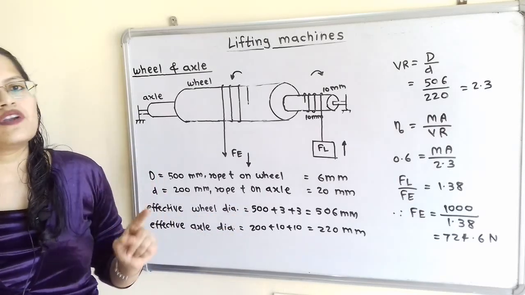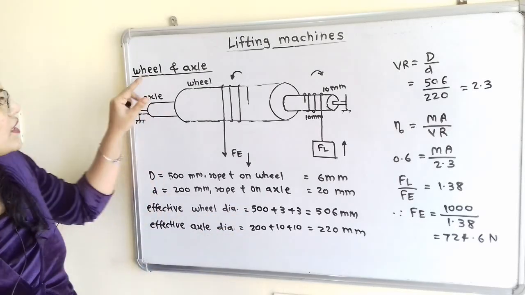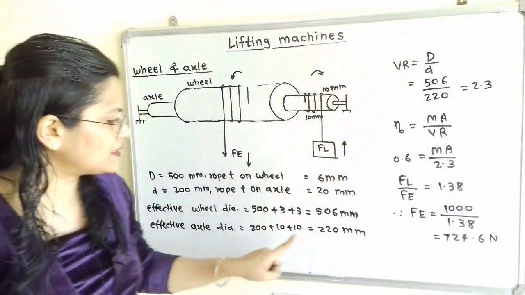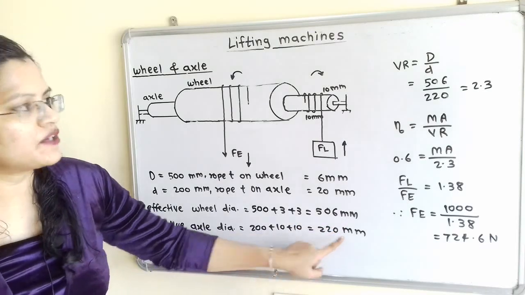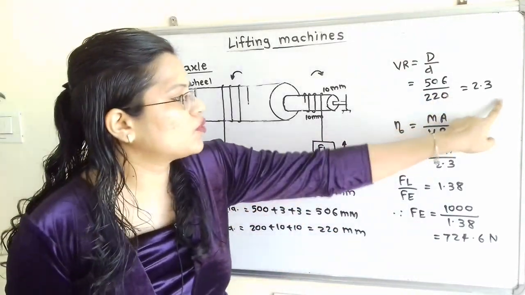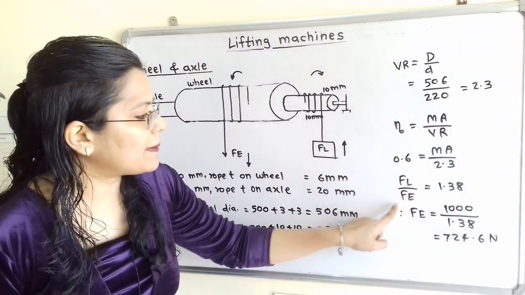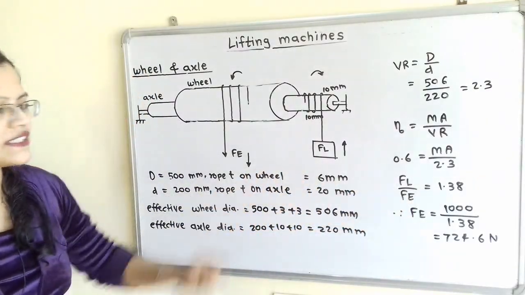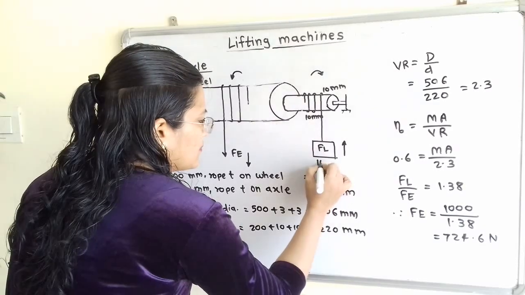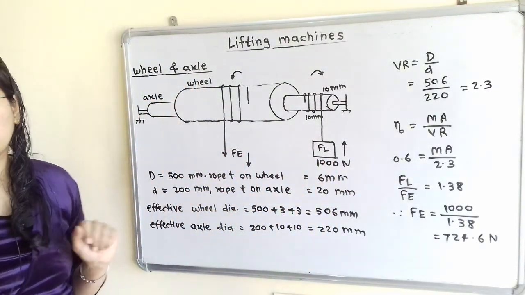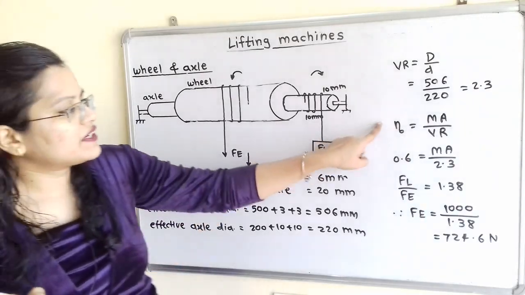Now we will calculate velocity ratio. So for this wheel and axle machine, velocity ratio is capital D by small d, that is 506 by 220, which is equal to 2.3. Now we have to find out the applied effort, where the load is given 1000 Newton. So for the load of 1000 Newton, what is the value of effort? So efficiency is given.